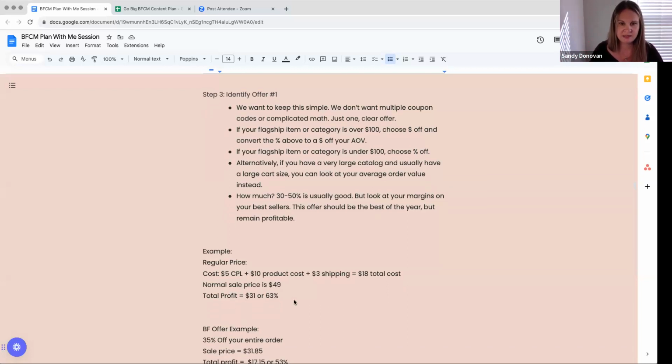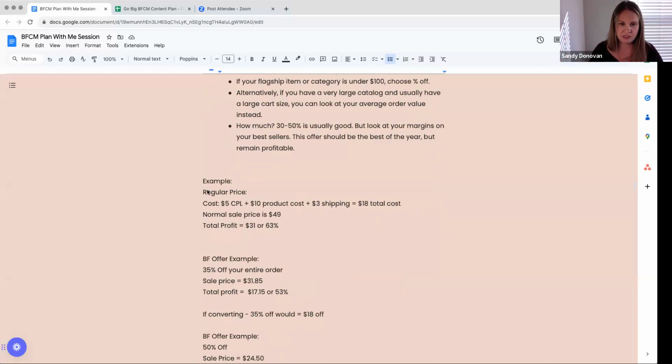So here are just some examples. Normally this is just a regular price. If a cost per lead is $5, if your product costs $10, shipping costs $3. So maybe your total cost is $18. You normally sell it at $49. So your total profit might be $31 or 63% profit margin.